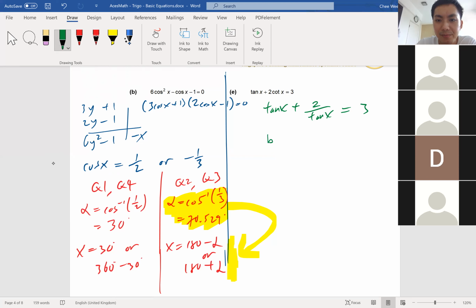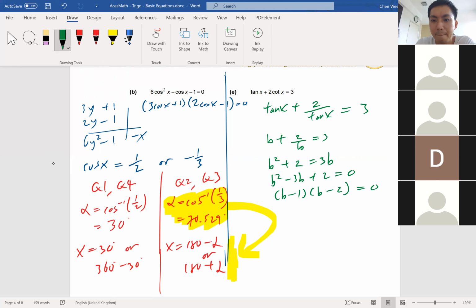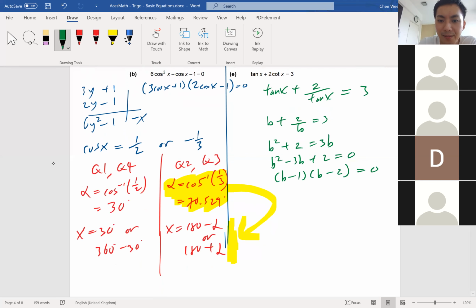So b plus 2 over b is 3. So b squared plus 2 is 3b. So b squared minus 3b plus 2. So that would be b minus 1 and b minus 2. And then tan x is 1 or tan x is 2.